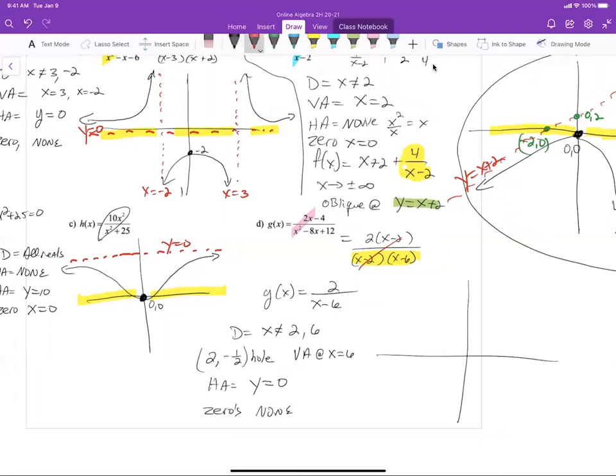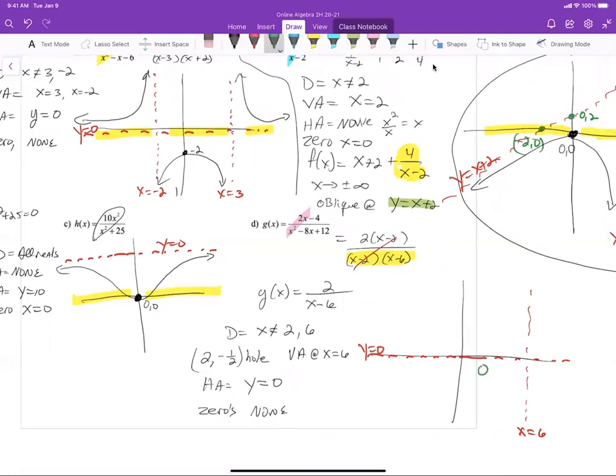How do we do that? First, we do our vertical asymptote, which occurs at X equals 6. We are going to draw our horizontal asymptote at Y equals 0. I'm going to plug in my hole at 2, negative 1/2 and label it.